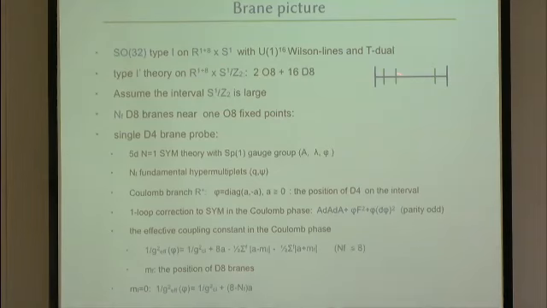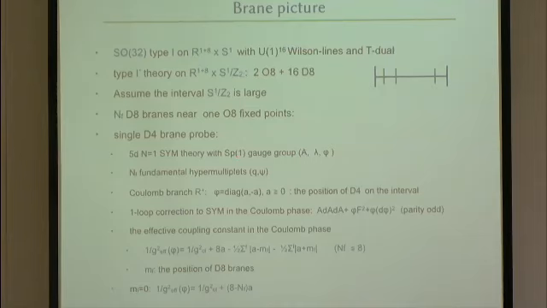Now we can choose the coupling such that this interval is very large, and then put N_f D8 branes at one of the orientifold planes, and then we introduce one single D4 brane as a probe, exploring the physics around the one end. Physics on the D4 brane, because of the orientifold, is 5D N=1 super Yang-Mills theory with Sp(1), which is SU(2) gauge group.